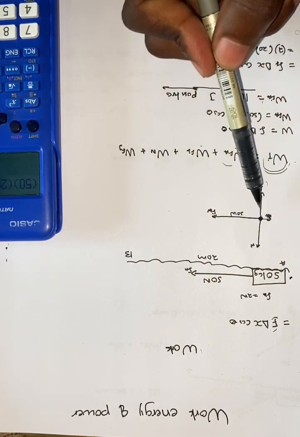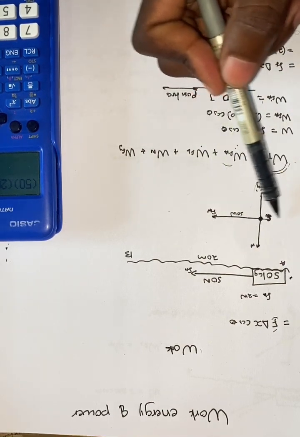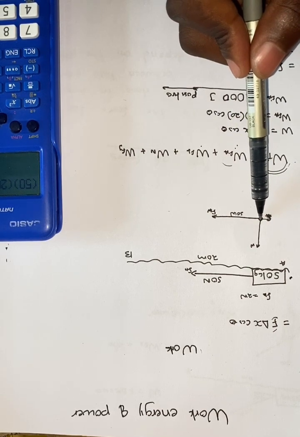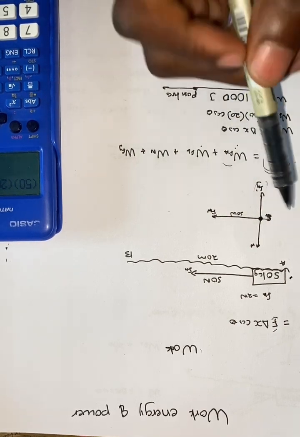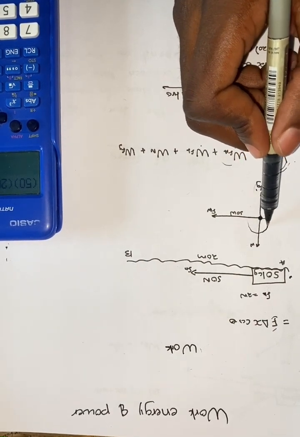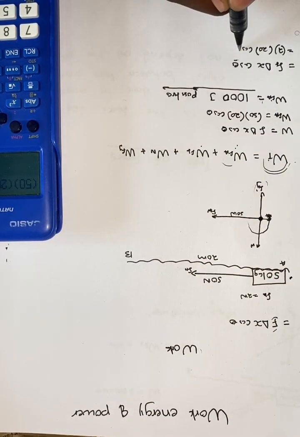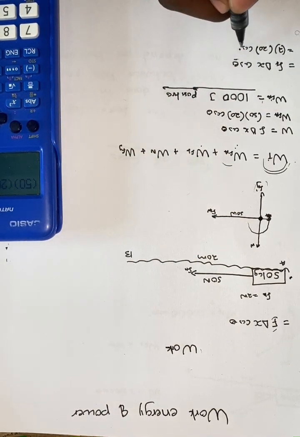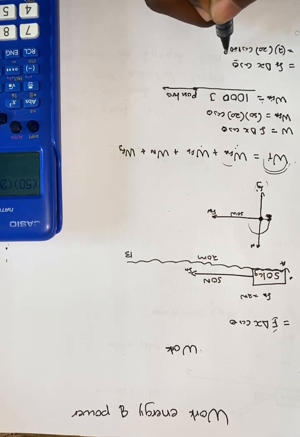The direction of the friction force is to the left, yet the direction of the displacement is to the right. So the angle between the displacement and the friction force should be 180 degrees.